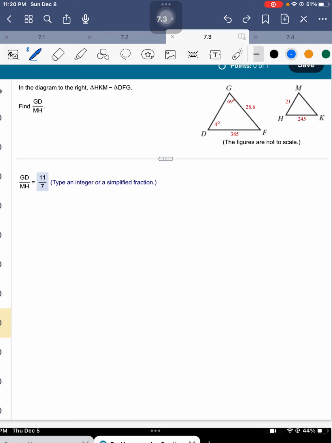Well, let's figure it out. So GD to the MH, we can also have DF to the HK. So DF is what? DF is 385 to the 245. This is my DF to the HK.